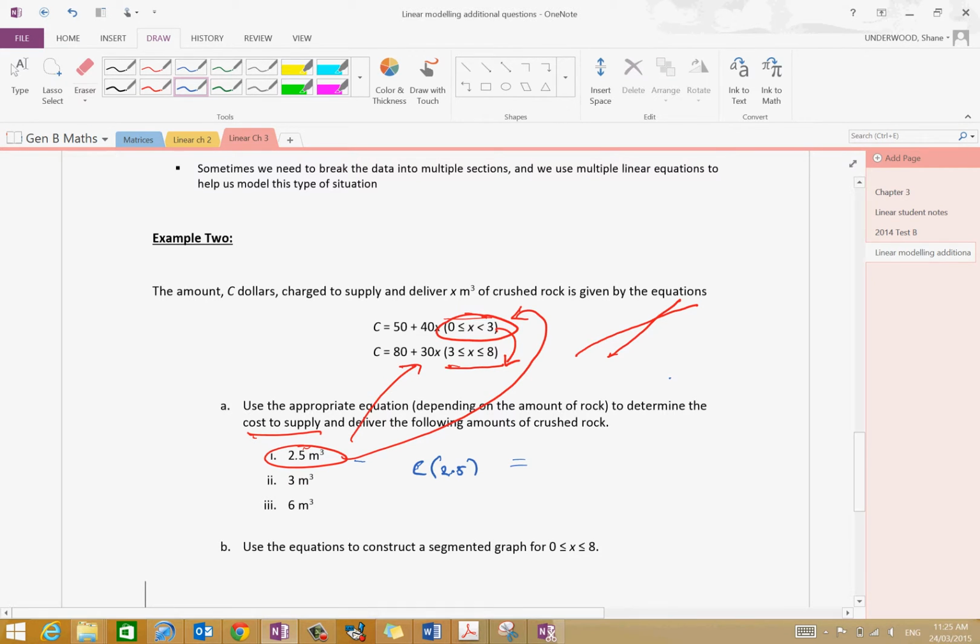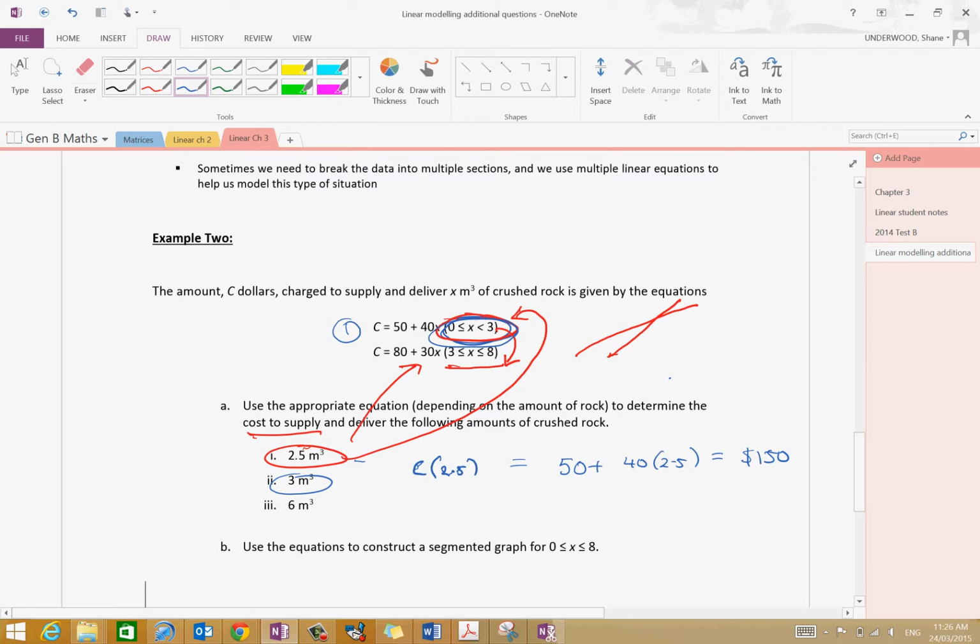So c of 2.5 is equal to, plugging into equation 1, when x is equal to 2.5. We're using this one here because it fits within this domain. So the cost is equal to 50 plus 40 times 2.5. That's going to be $150.